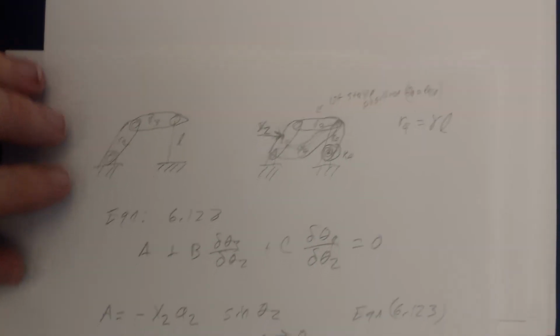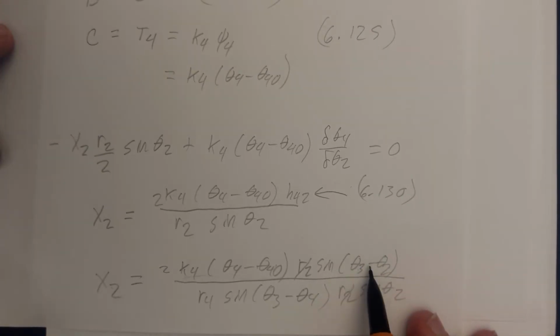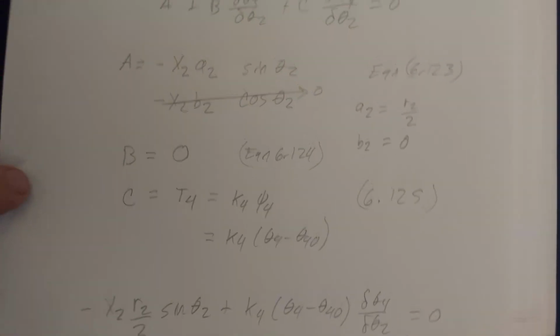The other equilibrium position we could get out of this mechanism happens when theta 3 equals theta 2.